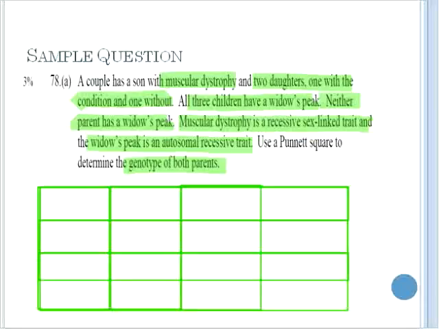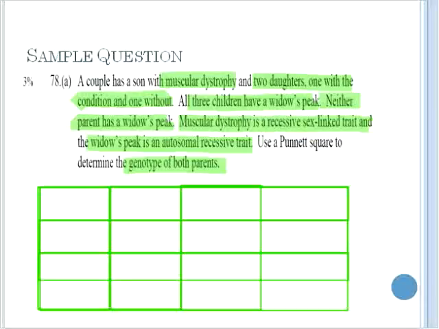Four by 4 square. We are dealing with a sex-linked trait. So let's write in our male summary here what we know about that male son. The couple has a son with muscular dystrophy, a sex-linked trait.